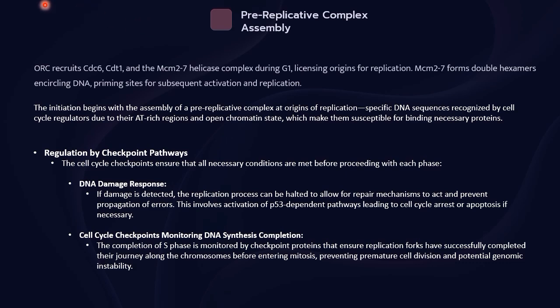The process of pre-replicative complex assembly is known as the licensing event, or DNA replication initiation licensing event. And the complete replicative complex will have an MCM2-7 double hexamer. That is, there will be two MCM2-7 helicase complexes encircling the DNA.